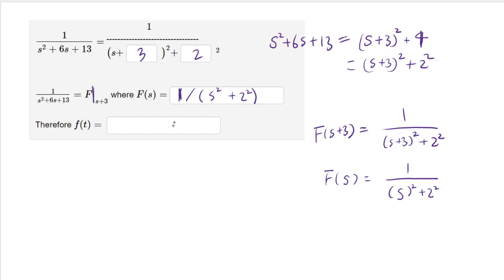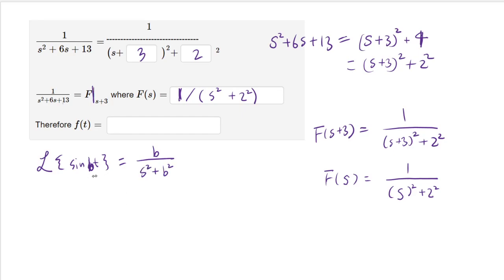And now, in order to finish this, you need two formulas. One is that the Laplace transform of sine at, or let's call it bt because I want to use a later, so sine bt, is b over s squared plus b squared.